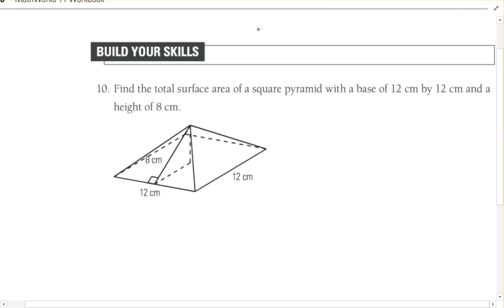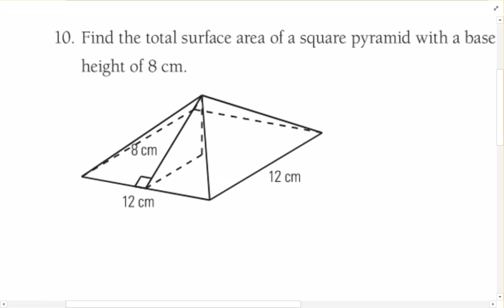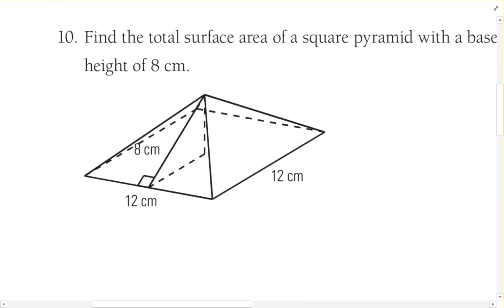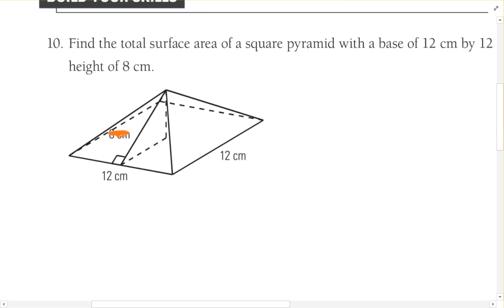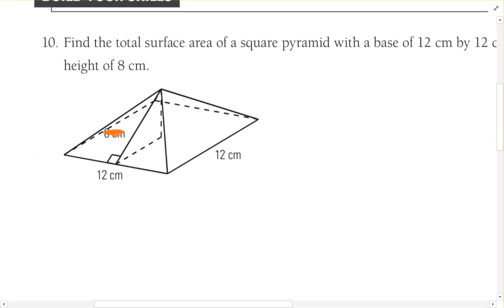So let's zoom in a bit here. I don't really like how the 8 is over there, because it's saying find the total surface area of a square pyramid with a base 12 by 12 and a height of 8. So it should have almost been 8 over here for the height from there to there. So now we need to figure out what the slant height is. We got to figure out what the height is from there to there.